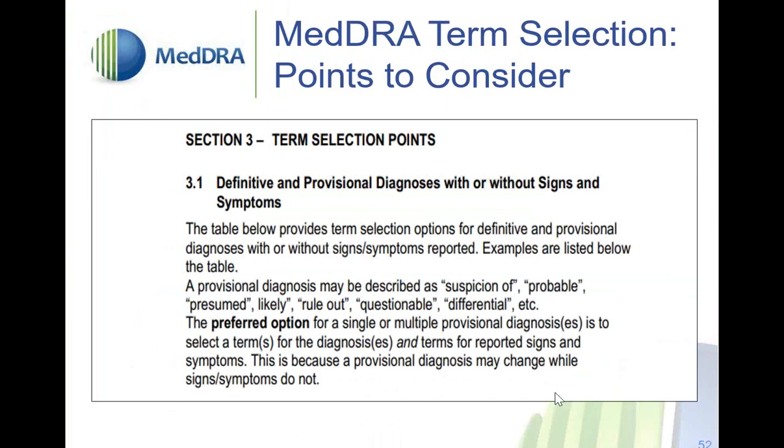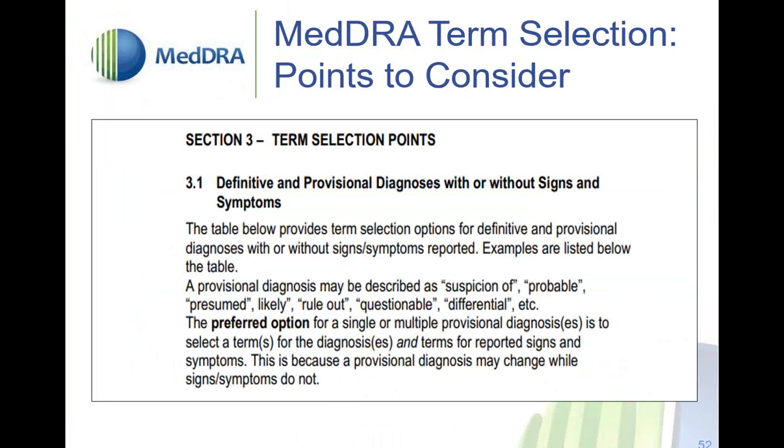Okay. So as I said, the principles that need to be addressed or looked at deeper in this particular example are addressed in the MedDRA term selection points to consider document. So we have one definitive diagnosis when the physician said, okay, here's the diagnosis of epilepsy. But on the other two things, he wanted to order tests because he wasn't sure.